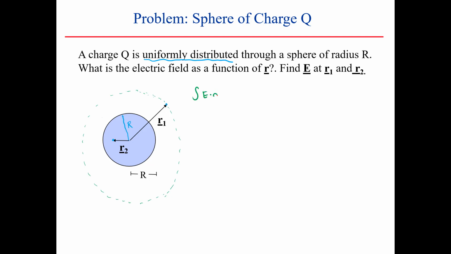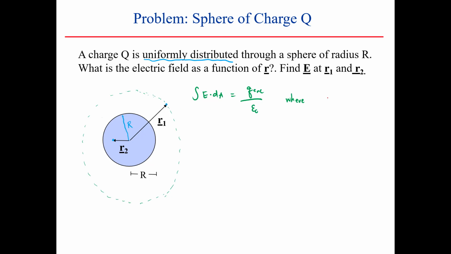Alright, so we start with this. The integral of E dot dA is equal to Q enclosed over epsilon naught. Now, for this case number 1, where the point is outside the sphere. Okay?